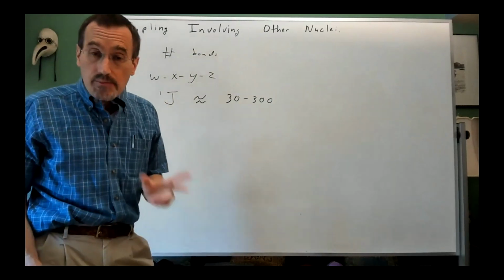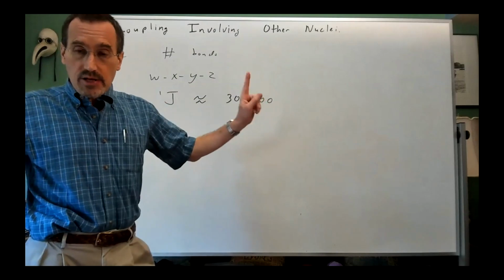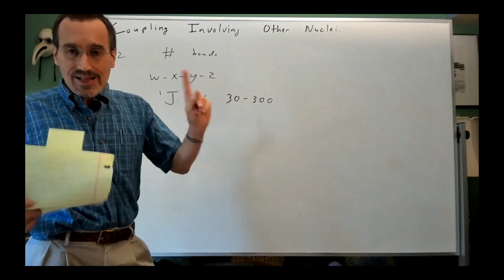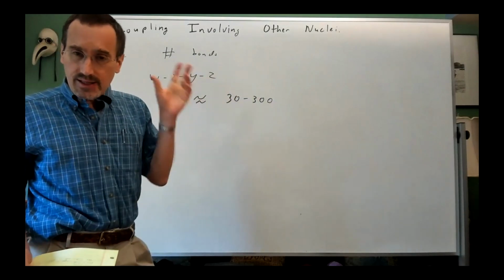That's big, because that means if you're seeing a one bond coupling, those lines may be so far apart that your eye might not even think of them as being together.